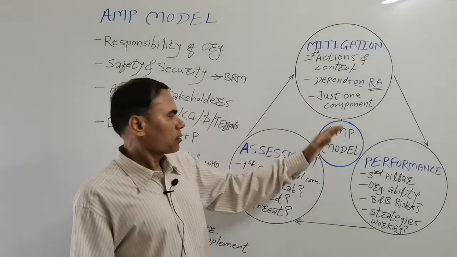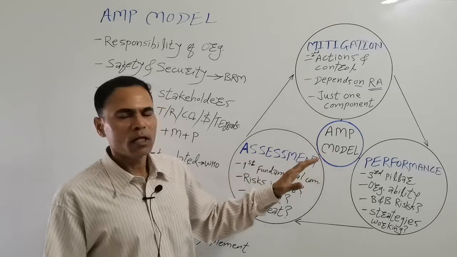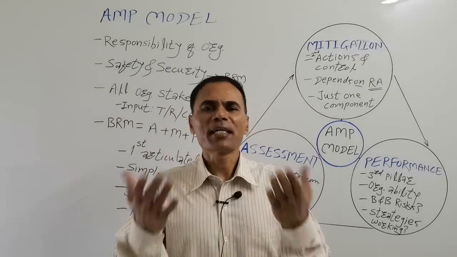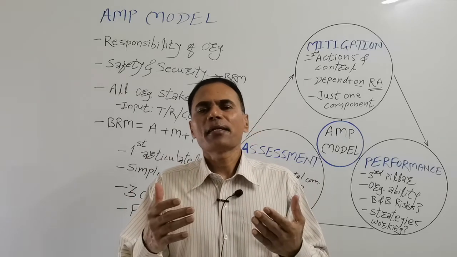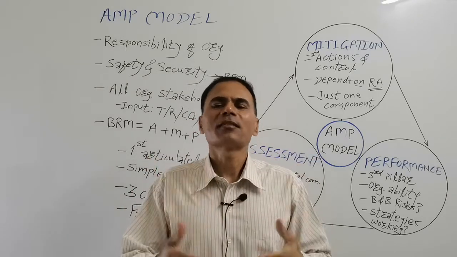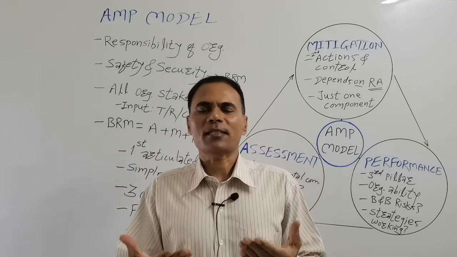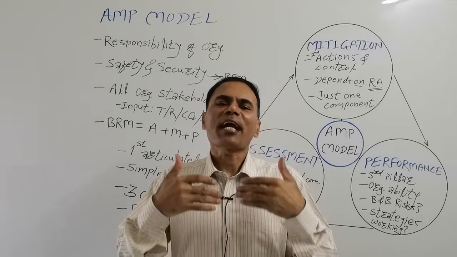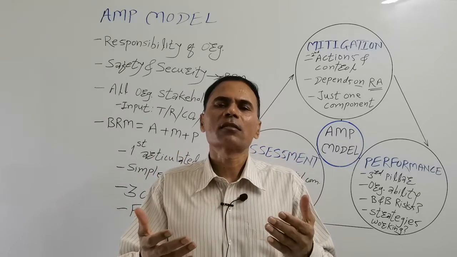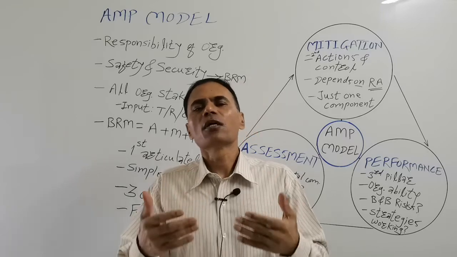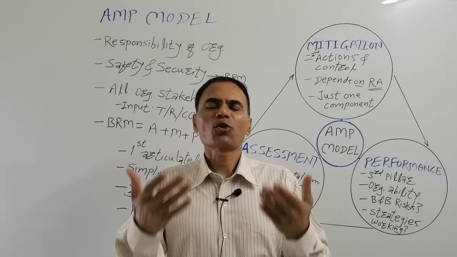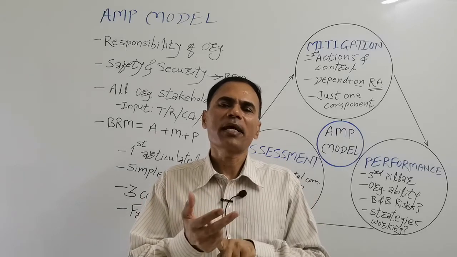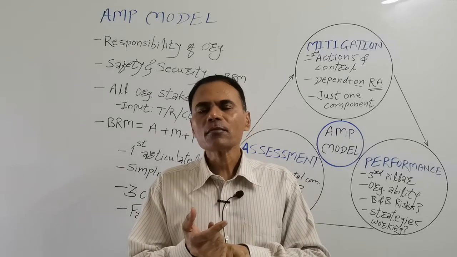Before I start talking about the AMP model, I want to define bias management. Bias management is defined as a system or process to control biosafety and biosecurity risks associated with the handling, storage and disposal of biological agents, their derivatives and toxins.